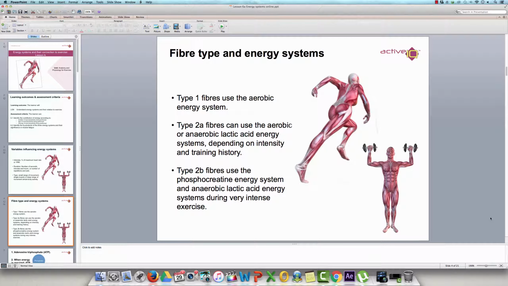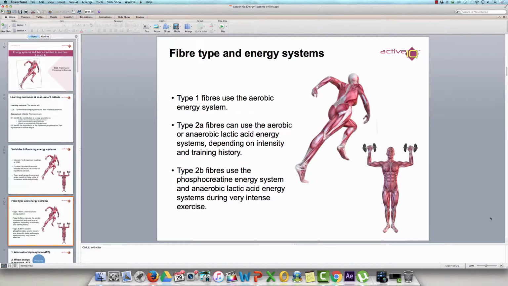If you're doing a lot of activity that uses the lactate system, then they're going to be able to use the lactate system more readily and more freely. If you're doing the opposite, a lot more explosive work using the phosphocreatine system, then that's the system they're going to be tapping into a little bit more.